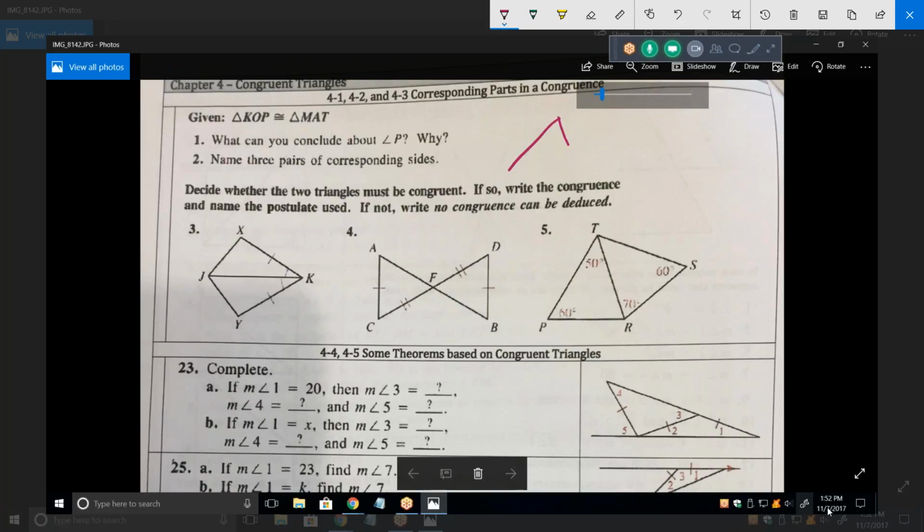Okay, what can you conclude about angle P? If I draw 2 triangles and we'll make them congruent. Could it be that it's congruent to angle 2? Yeah, in other words, if I label this KOP and label this MAT, then you can conclude that the measurement of P is the same as T. Name 3 pairs of corresponding sides.